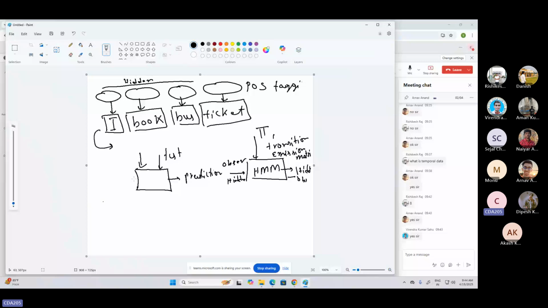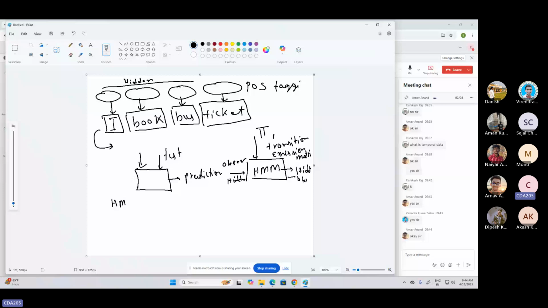So what are the HMM components that we have to find? First of all, the hidden state. Second, the observable state.